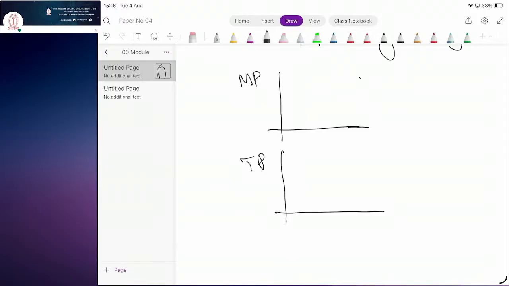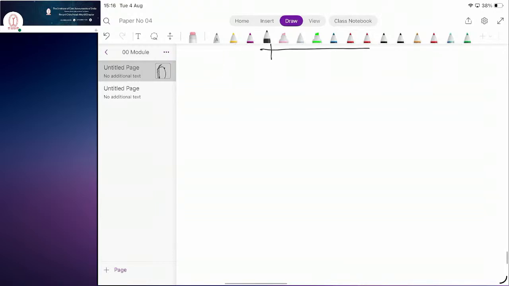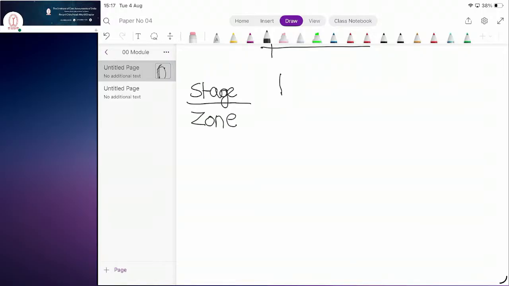Okay. So let us quickly write down the description of this law in terms of what is happening to the three things. So make a column for stage. Some textbooks also call this a zone, stage or zone. Both words are the same.